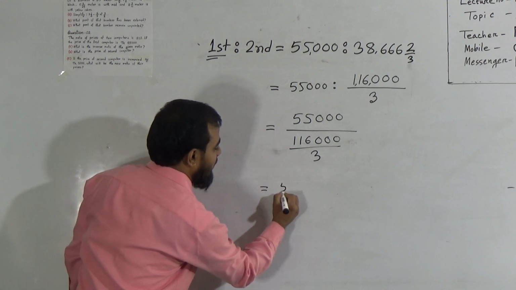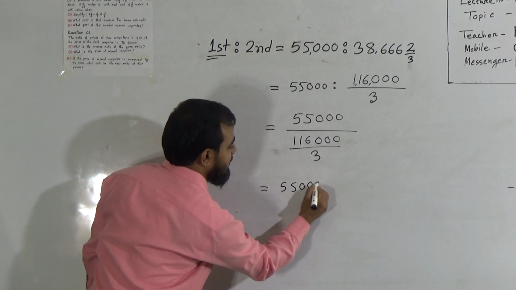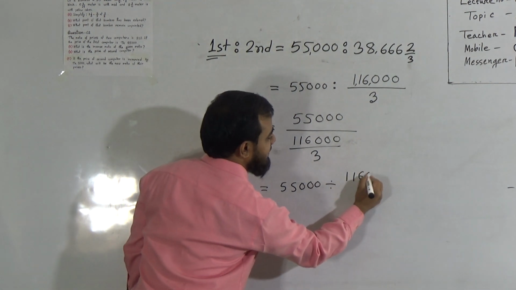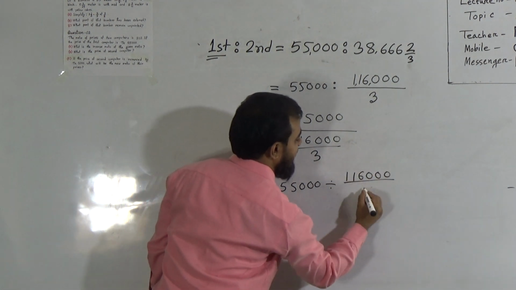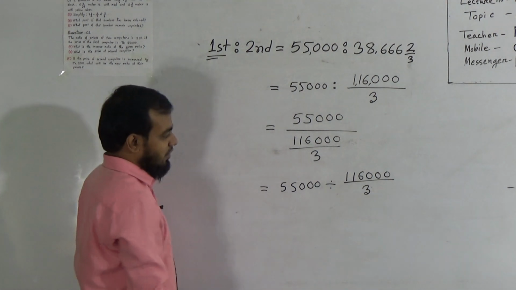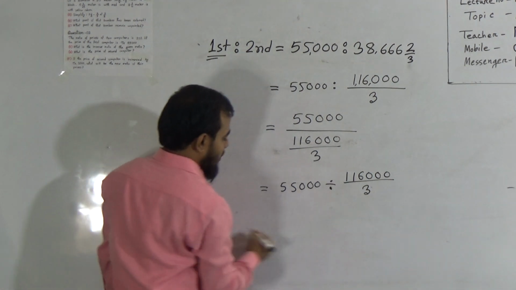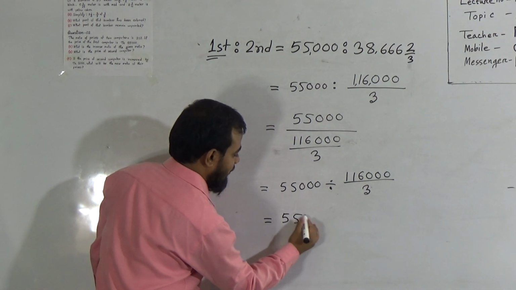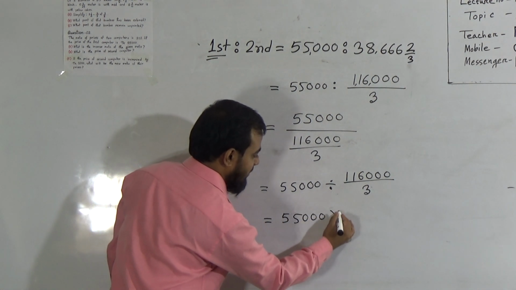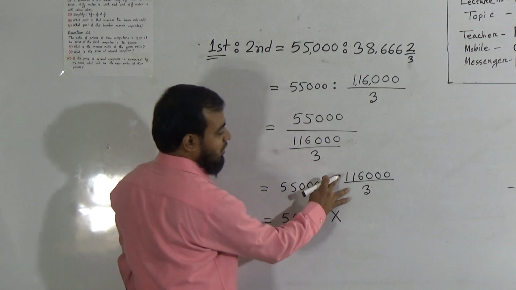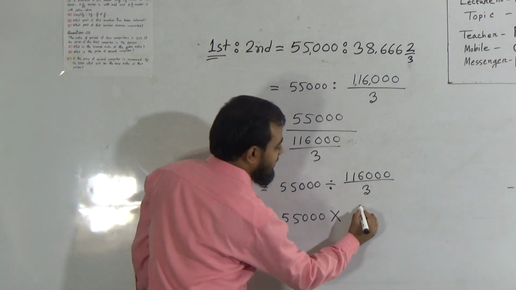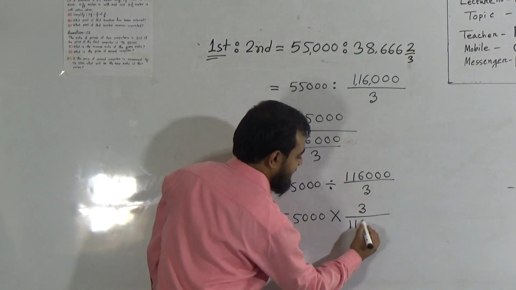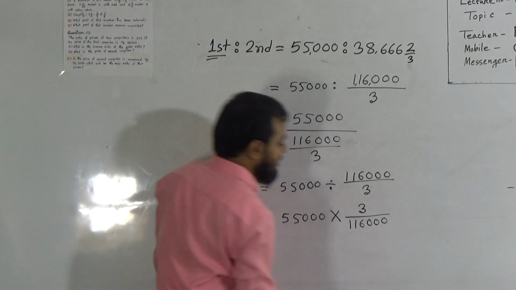So you can write 55,000, the division sign, 1,16,000 divided by 3. Now we have to solve this. We know how to solve this division. We will convert this division into a multiplication sign, and the numerator and denominator will interchange their positions. 3 will be our numerator now and 1,16,000 will be our denominator.